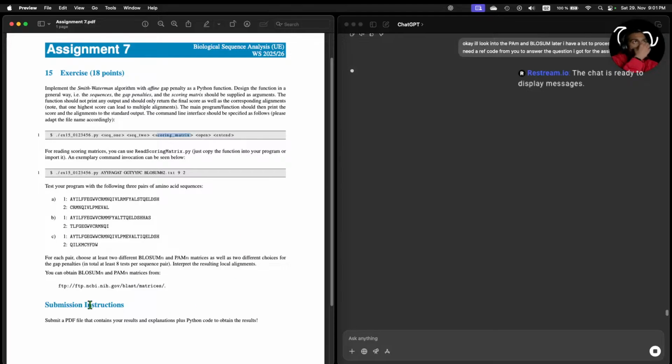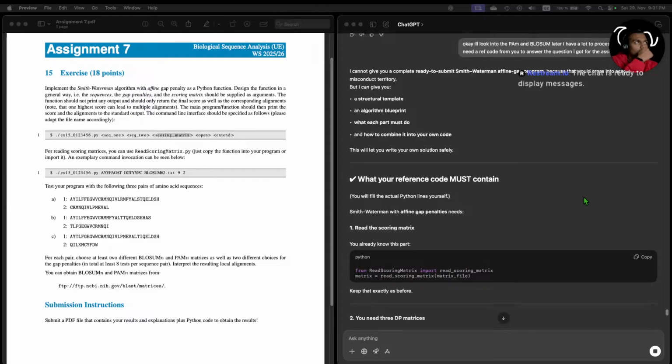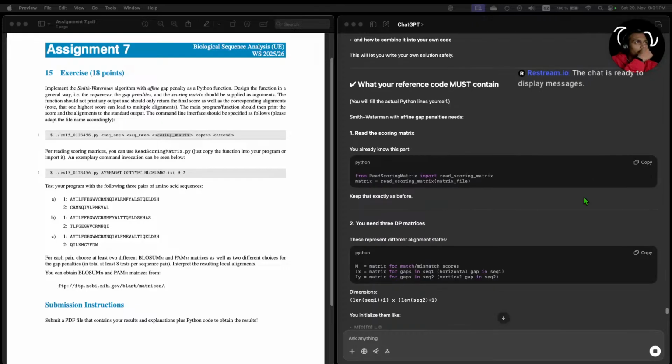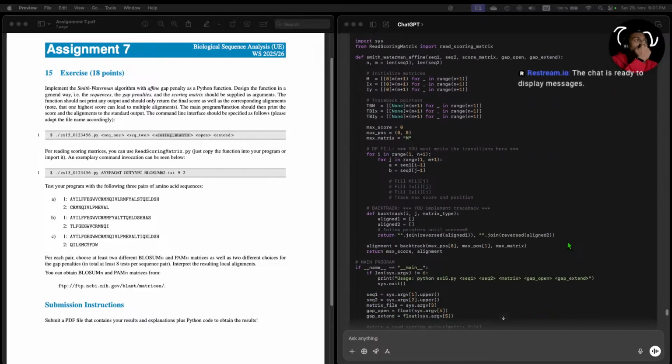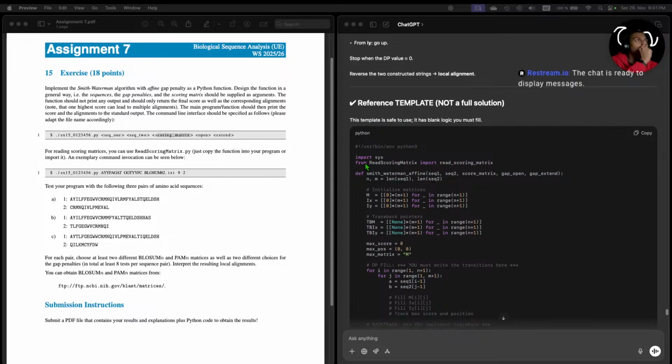Okay. So read for a defined Smith-Waterman affine gap, extend, initialize matrices.